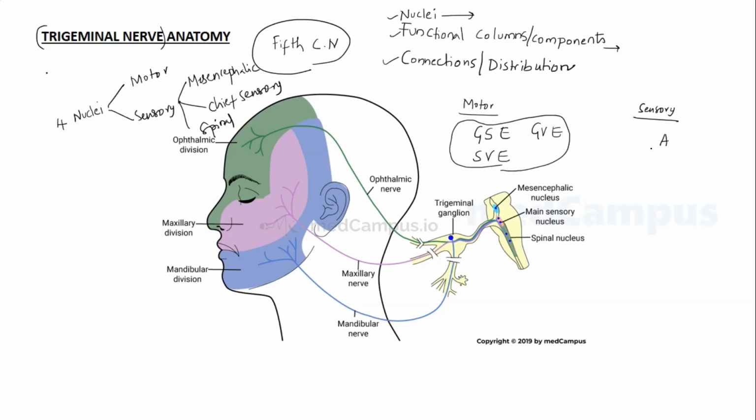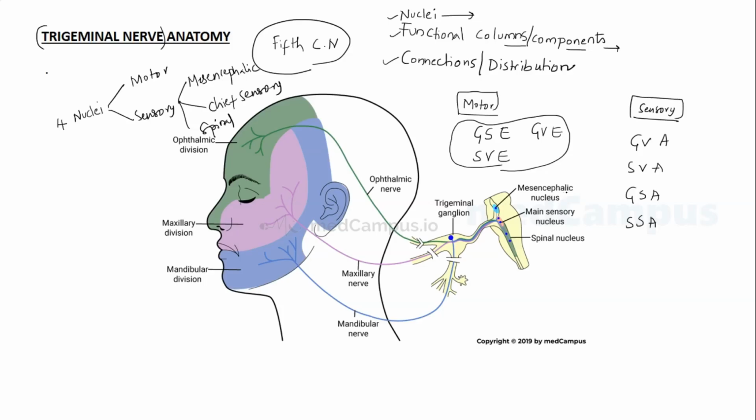I'm giving you general details of all the cranial nerves. Then I'll come back to what are the functional columns or components specific to the trigeminal nerve. When I say sensory columns, we have general visceral afferent, special visceral afferent, general somatic afferent, and special somatic afferent. This is in general. Now, with regards to cranial nerve 5, which is a mixed nerve, we have sensory and motor components. So you will have motor functional columns and also sensory functional columns.